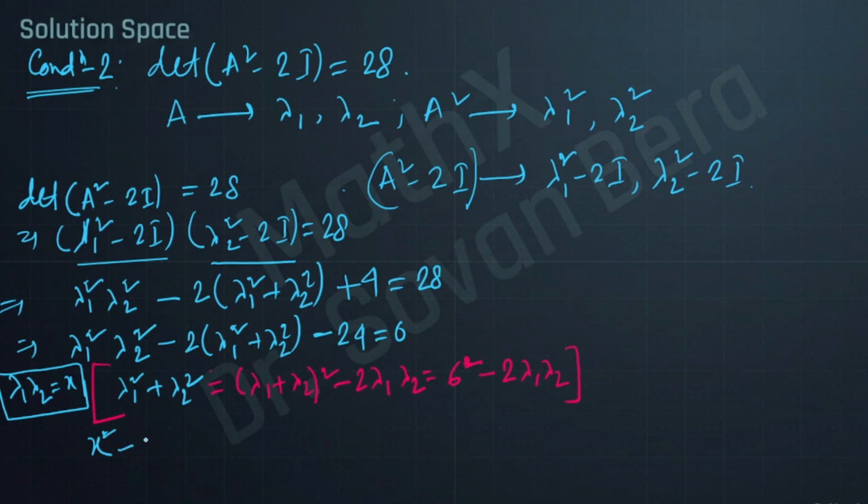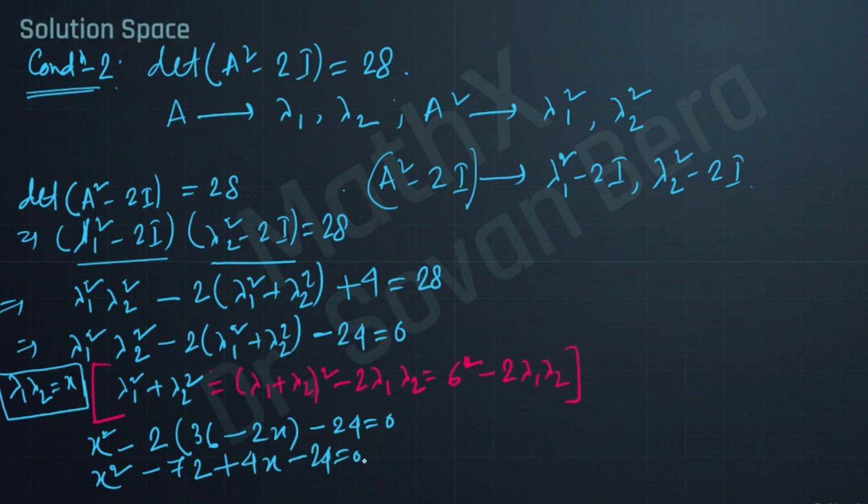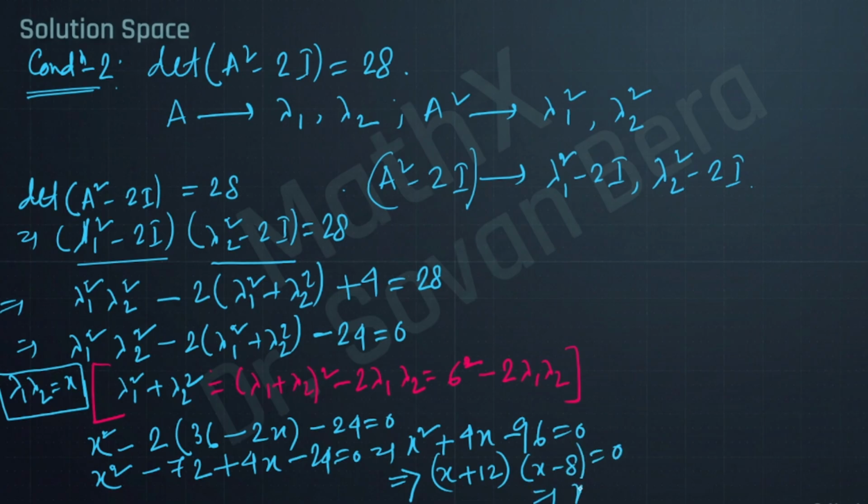Therefore, x square minus 2 times 36 minus 2x minus 24 equals 0, and x square minus 72 plus 4x minus 24 equals 0. That implies x square plus 4x minus 96 equals 0, so x plus 12 times x minus 8 equals 0. That implies x equals minus 12 and x equals 8.